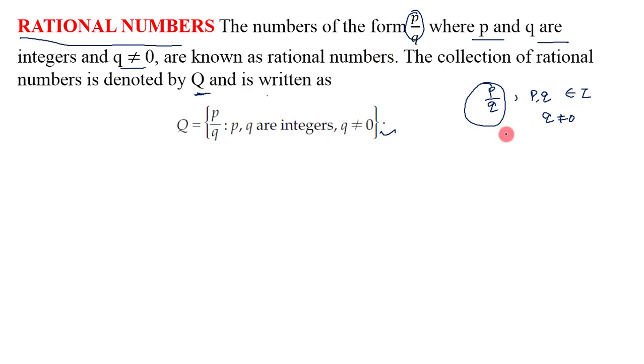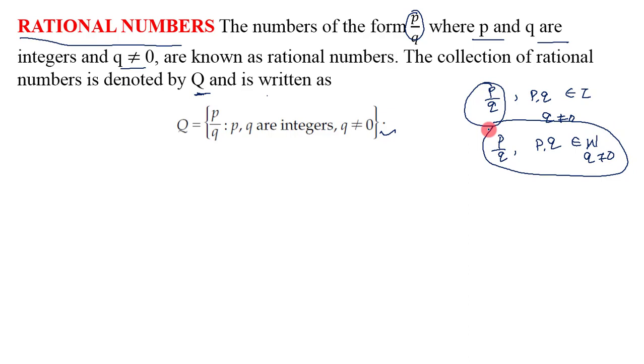Fractions means what? The numbers which are in the form of P by Q, where P and Q belong to natural numbers or whole numbers, where Q is not equal to 0. That means in the fraction, we will not cover the negative numbers, that means we will not cover the negative integers in that.